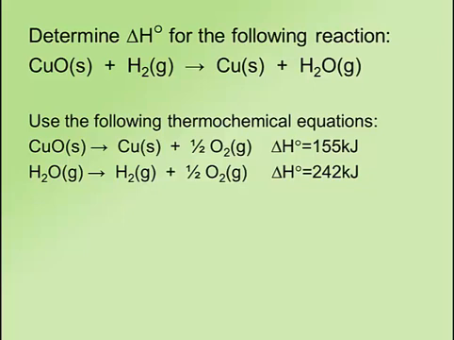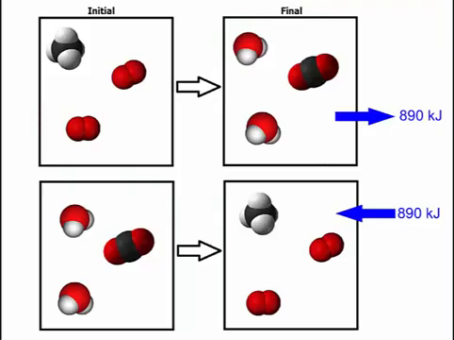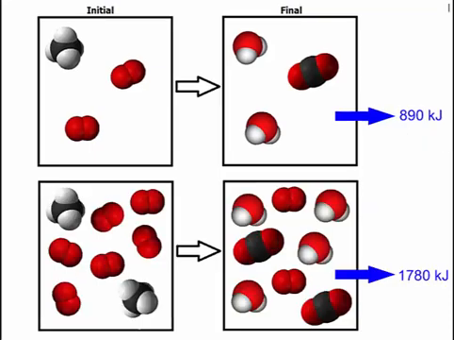We've already manipulated thermochemical equations, remember? If we flip a reaction around, what happens to its delta H value? Its sign changes. If we change the magnitude of the reaction, double the quantities, for example, what happens to the delta H value then?